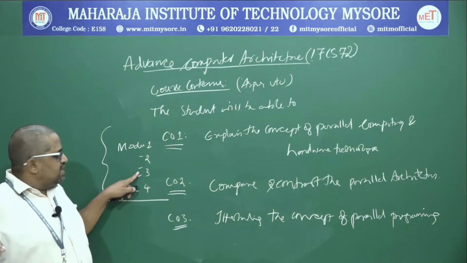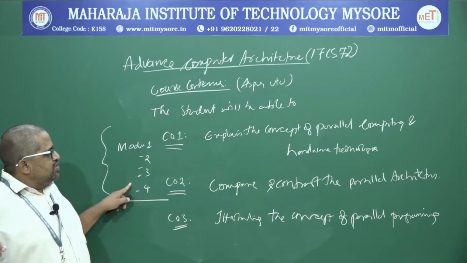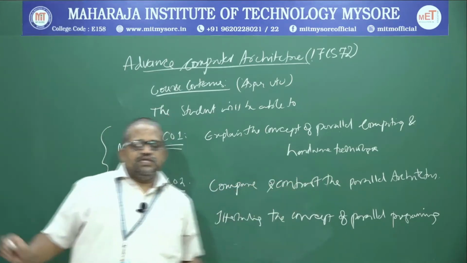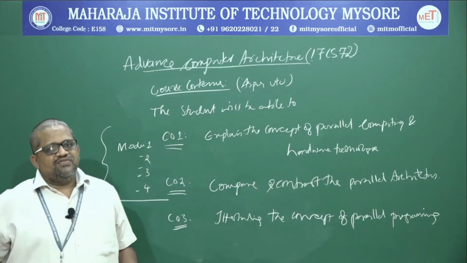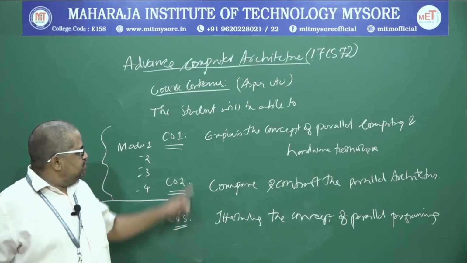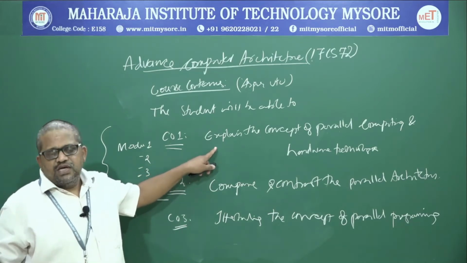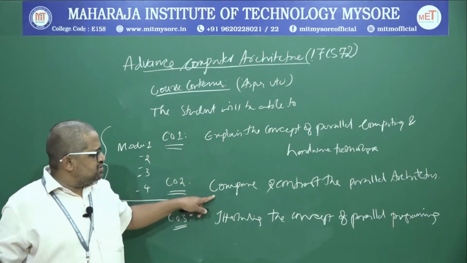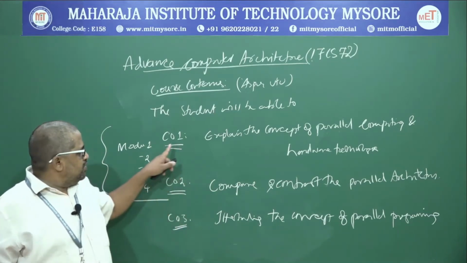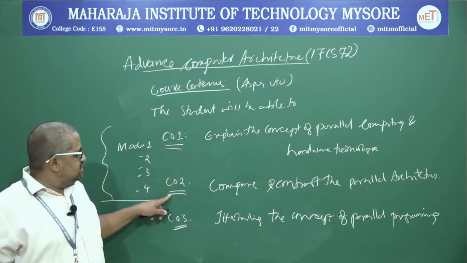Here you are going to look into the various architectures, their applications, all four, because when I say parallel computing, it is a combination of both hardware as well as the memory concepts, right. Now, that is why you are going to look into module 1, 2, 3, 4, look into the various architectures from memory perspective as well as the processor perspective, and then you are going to compare those things. So, your module 1, 2, 3, 4 is used for realizing CO1 and CO2.